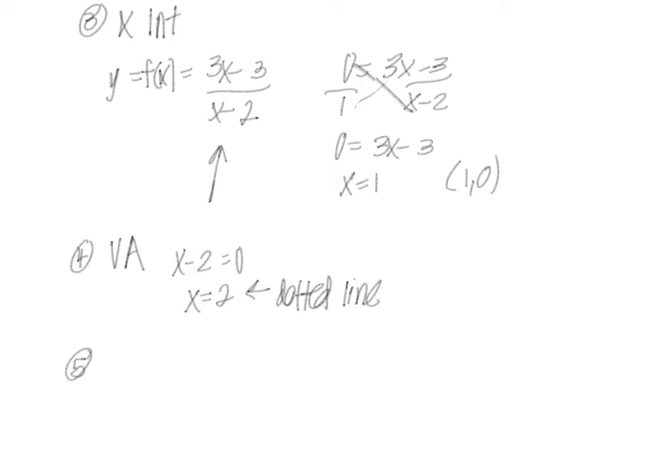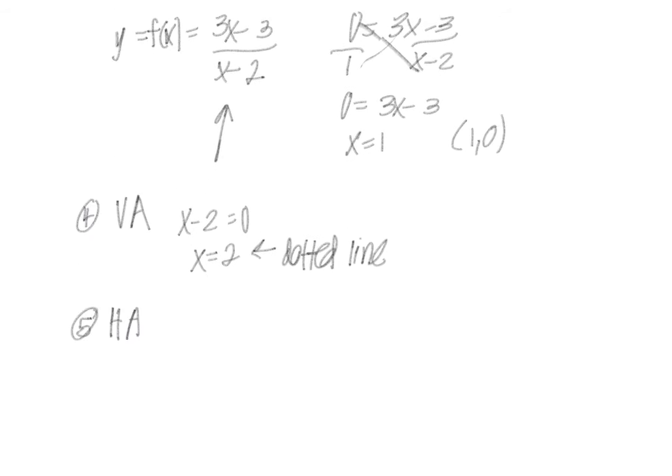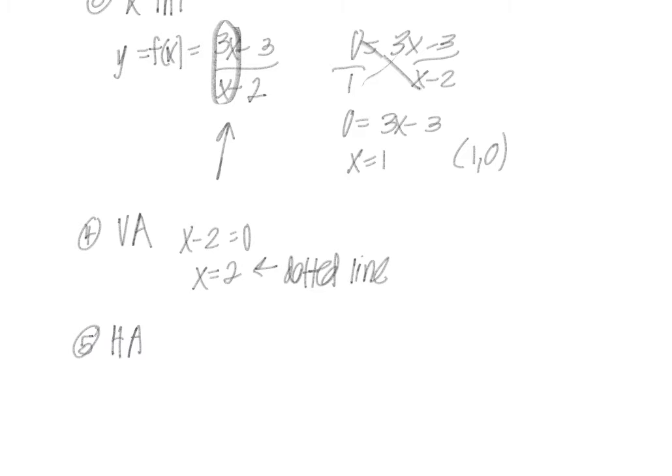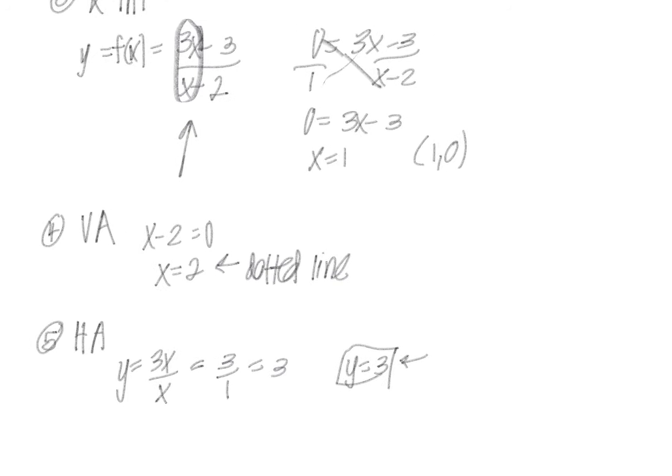Okay, step 5 is: is there a horizontal asymptote? If there is, what is it? Well, let's look at that function. Not top heavy, not bottom heavy. The power in the numerator is the same as the power in the denominator. So all you do is simplify, and you get y equals 3. And again, this is going to be a dotted line.